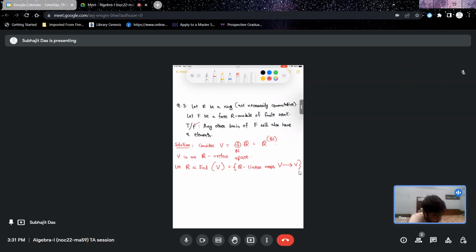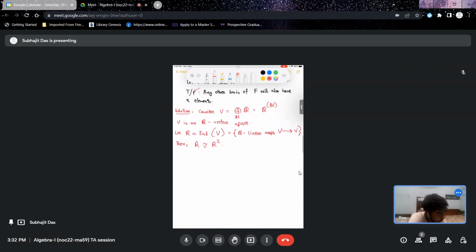Then you can check this: R as an R module. We know every ring is a module over itself, and in particular it's a free module over itself. And you can check that R will be isomorphic to R square. So this is very easy.